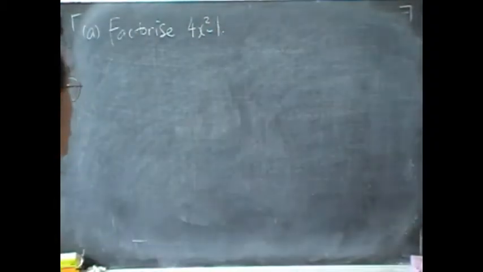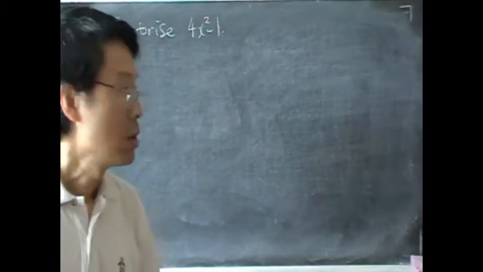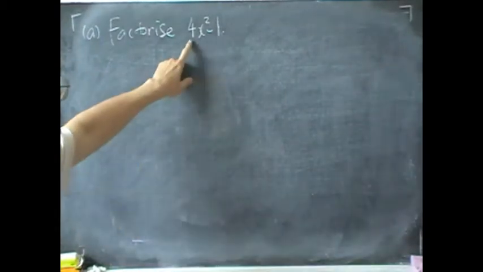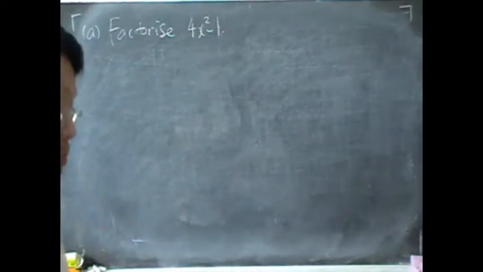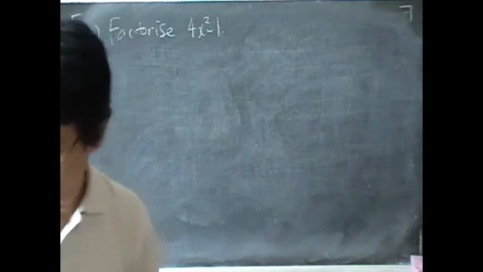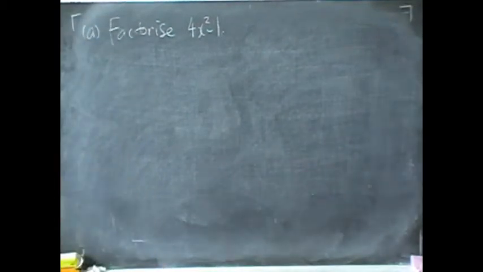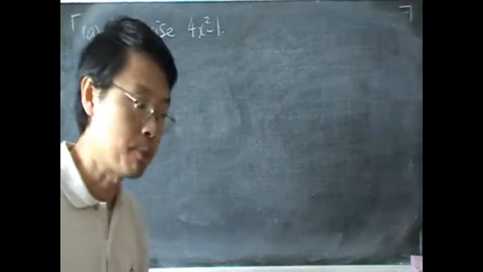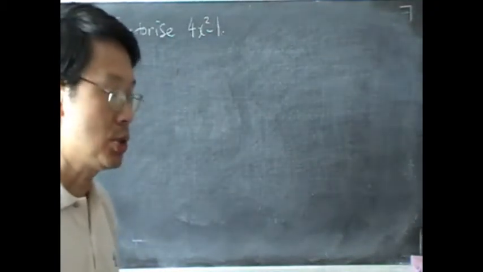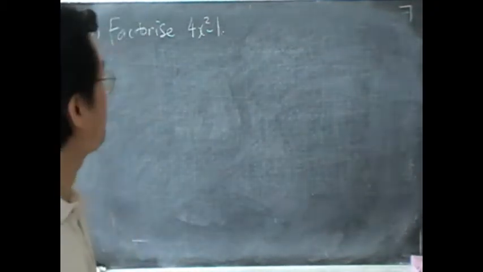In the next example, we shall factorize 4x squared minus 1. In order to do this, it is easier to make use of a formula.